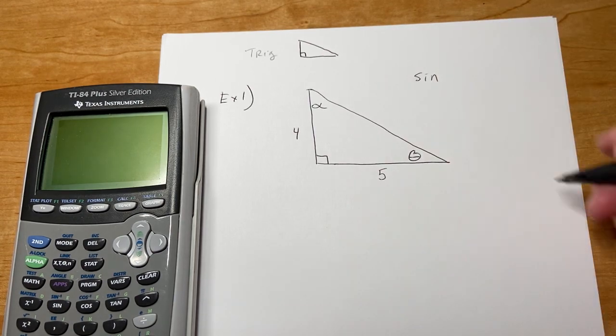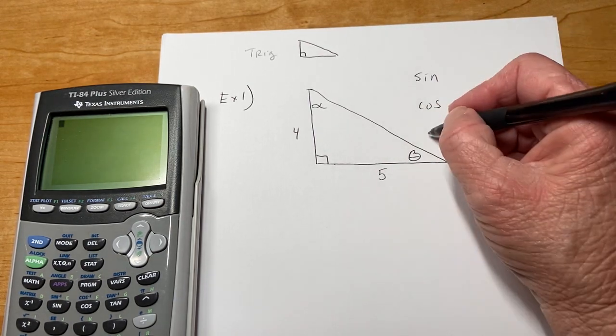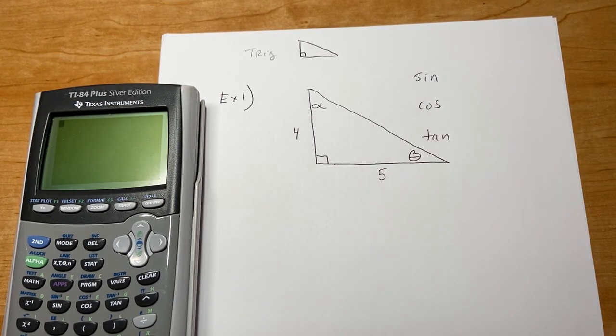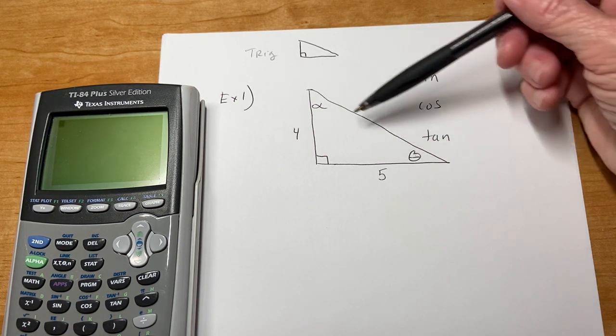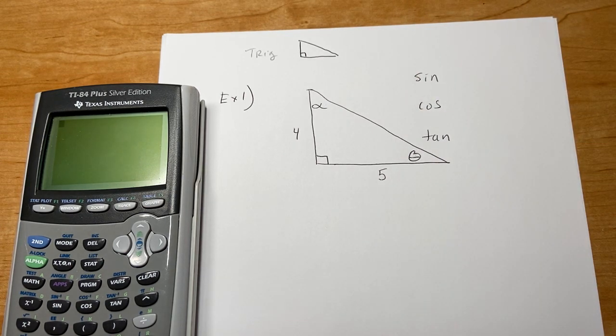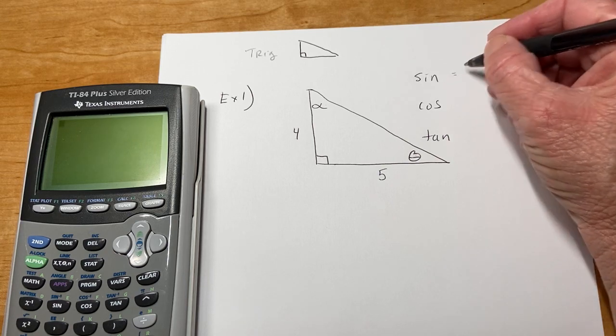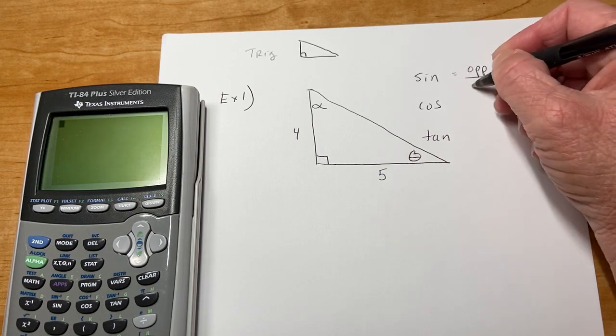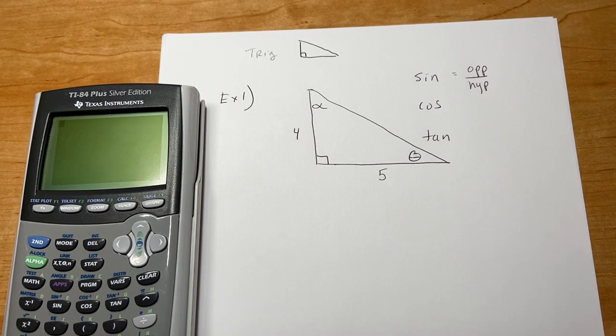Sine, cosine, and tangent. These are relationships that literally take into consideration these angles and these sides, and the ratios of them tell us a lot about the triangle. Sine of an angle is always the opposite over the hypotenuse. I'm abbreviating.